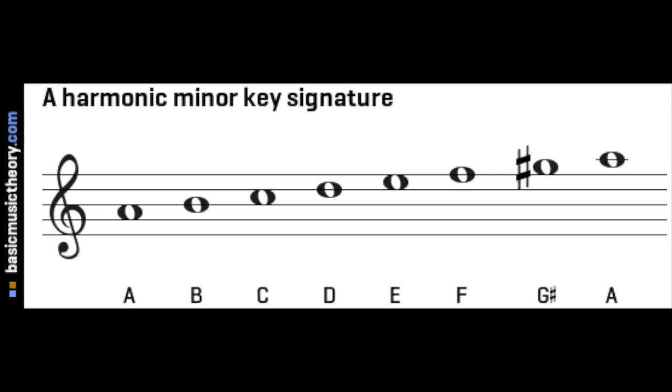We want a major chord. No matter if we're in a minor key or a major key, most of the time the chord built off the fifth scale degree we want to be major, not minor. And so by raising that seventh scale degree, it allows us to have a major chord there when we've built it off the fifth scale degree.